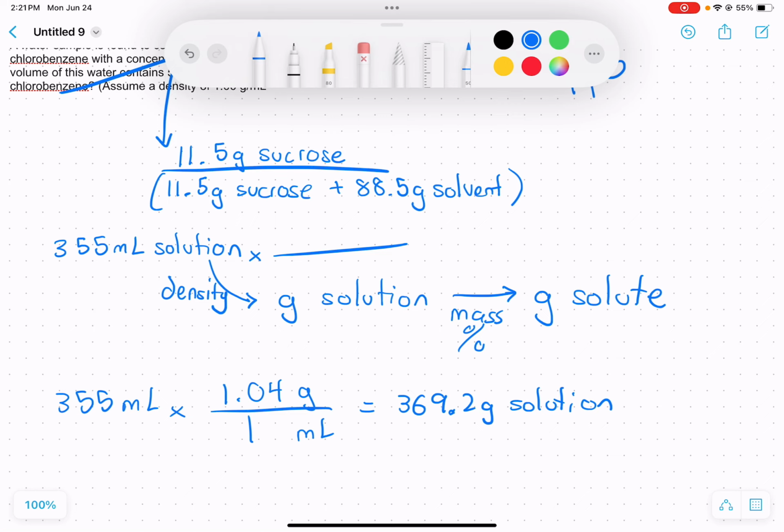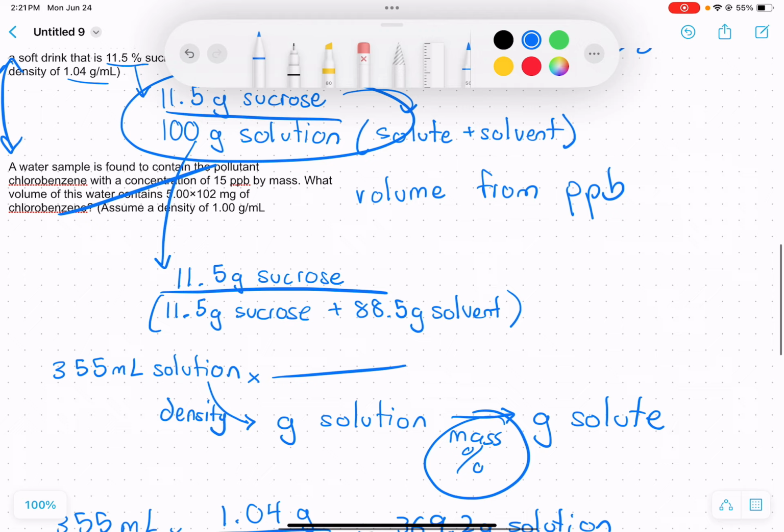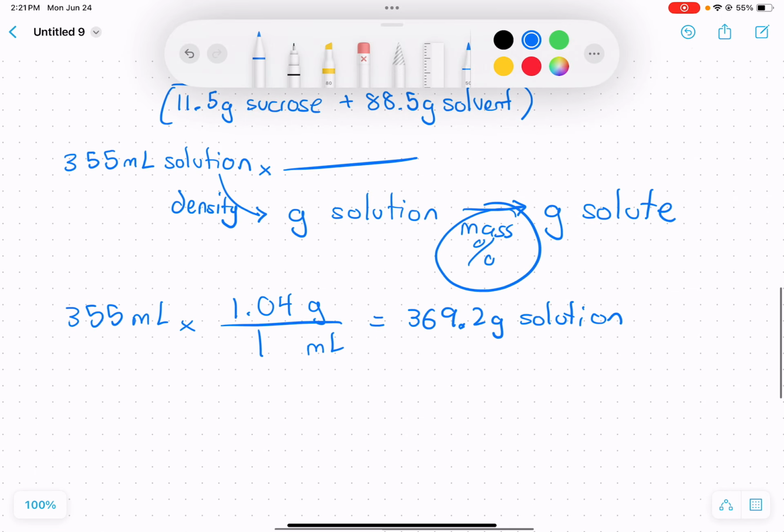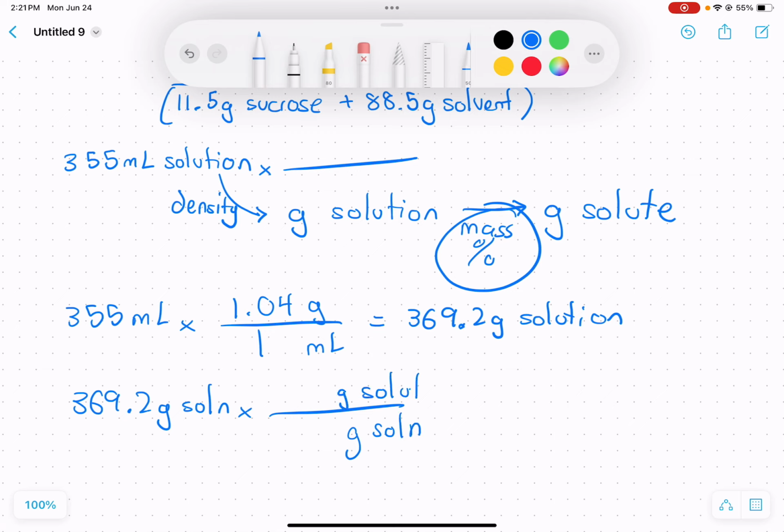They actually wanted to know the grams of solute, the sucrose. So like I said, I'm going to use the mass percent written out in this form to convert that. I'm going to take that 369.2 grams of solution. I need to have grams of solution on the bottom to cancel out and grams of solute on the top, because remember the solute is the sucrose here. That's what I'm trying to get. So this one was 100 and this was 11.5.